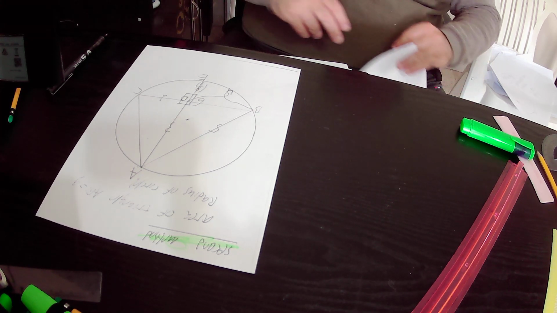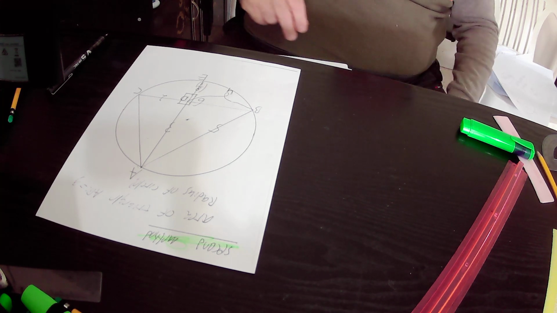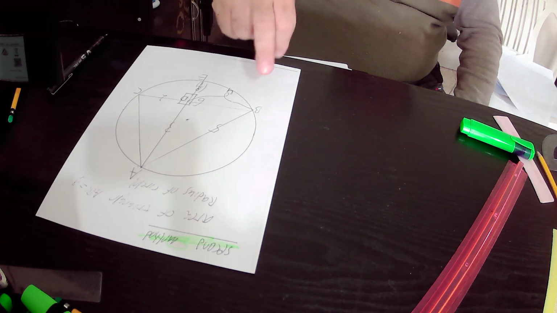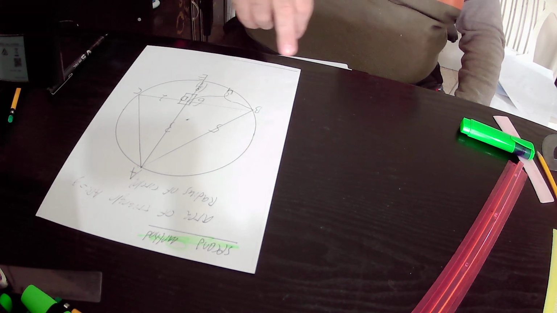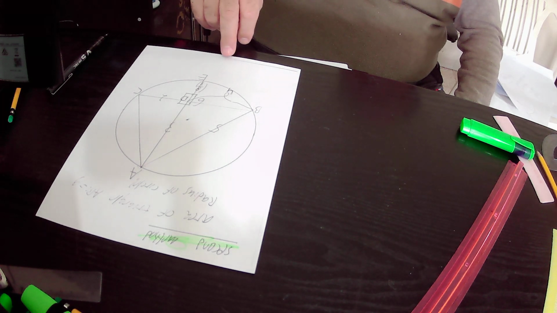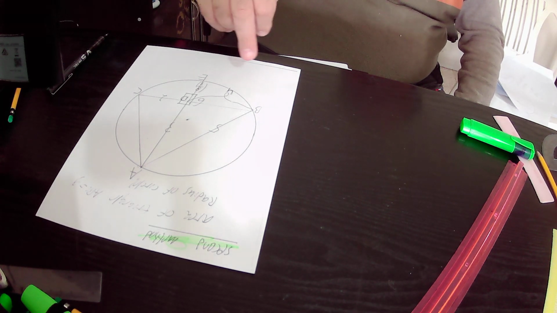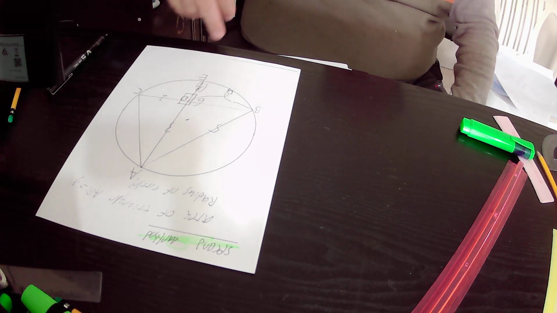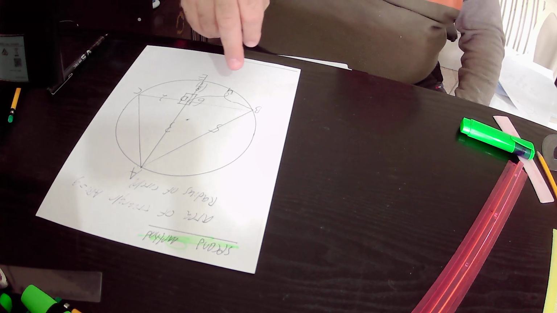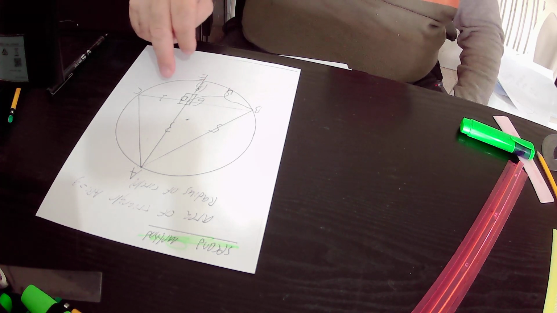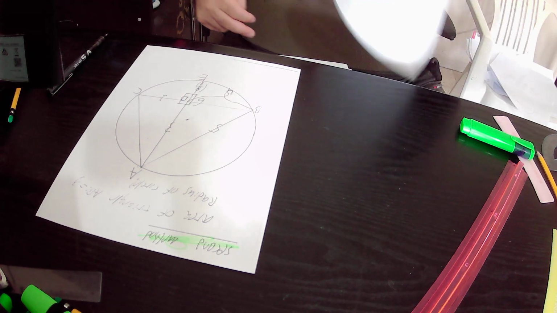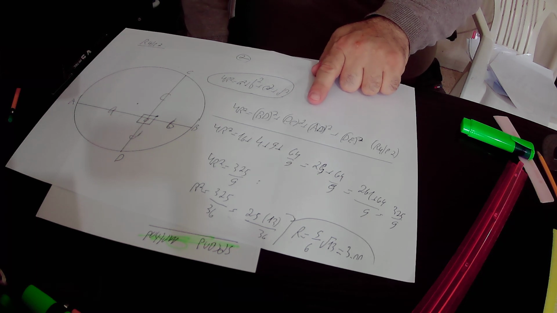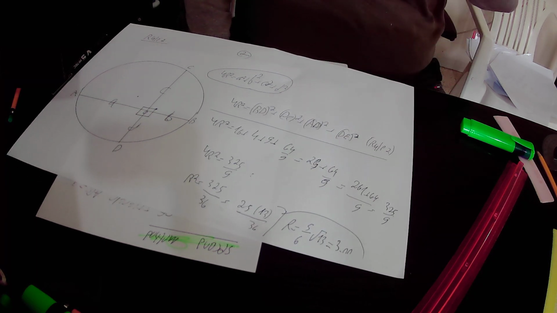According to rule number 2, we get that 4 times R squared, where R is the radius of the circle that encloses the chords, equals BD squared plus DC squared plus AD squared plus DE squared.